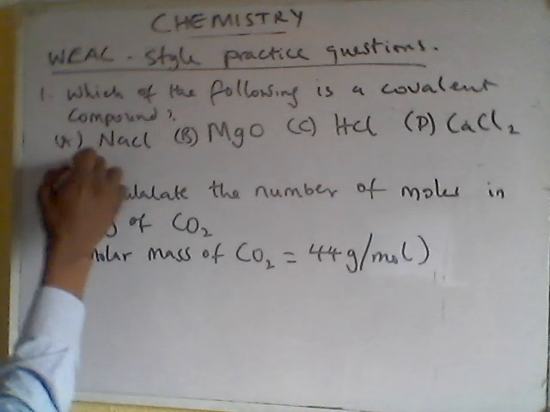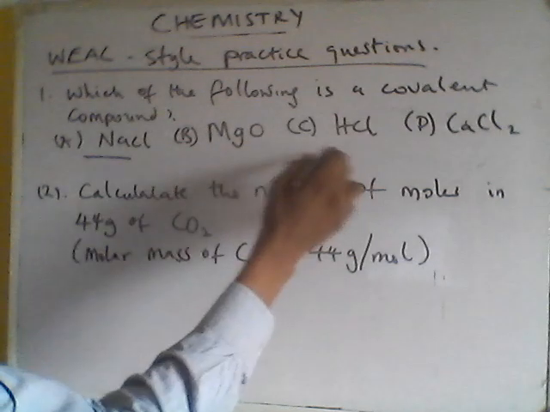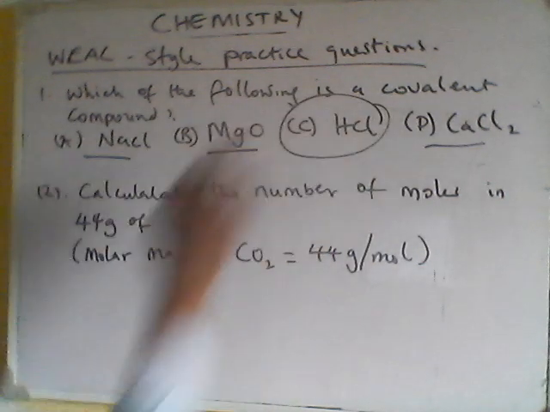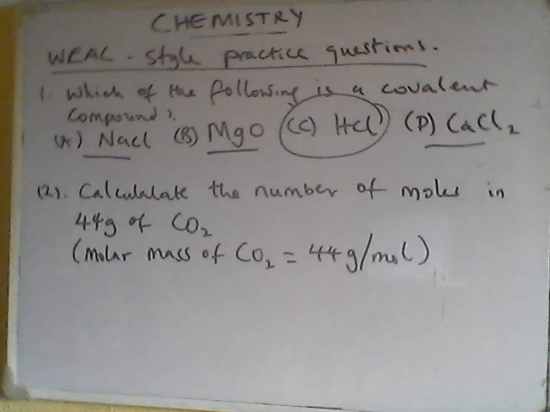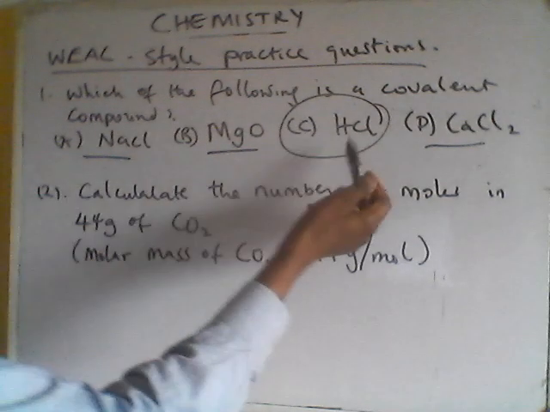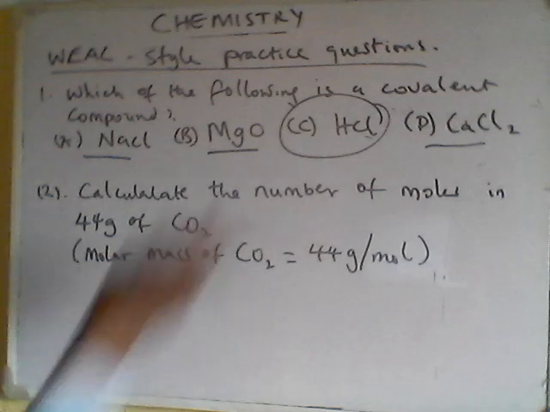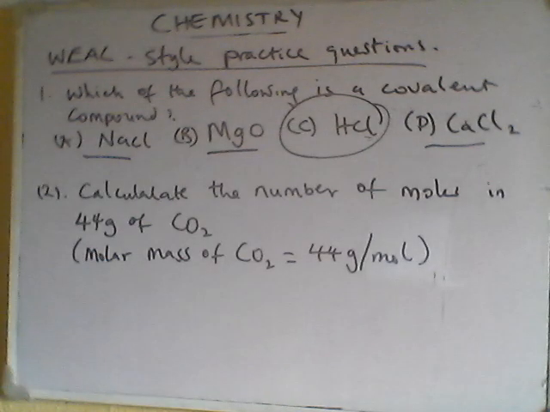So this is electrovalent bond, this is electrovalent bond, and this is electrovalent bond. But the correct answer for this question is C. It's called covalent bond. Why? Because I have this halogen and hydrogen. Hydrogen is not extremely reactive like the alkali metals when combining with the halogen. So that makes it a covalent bond.